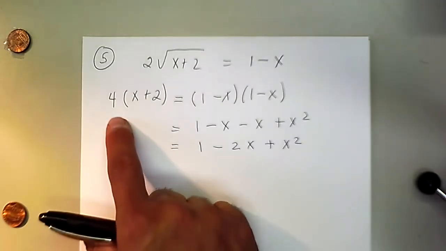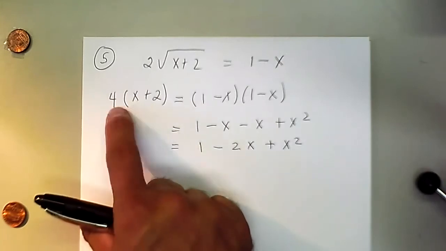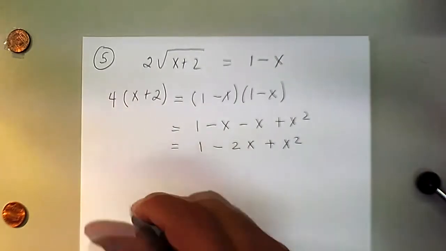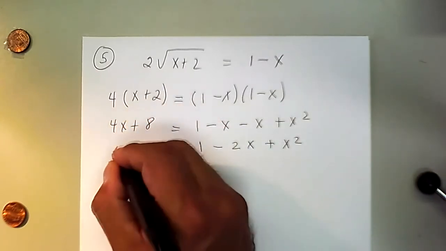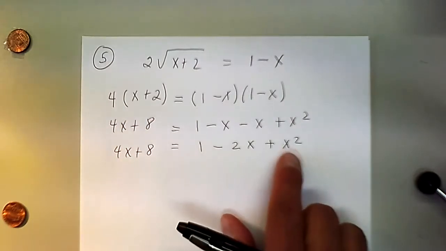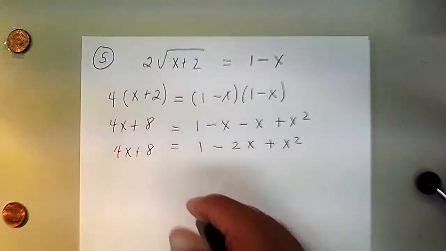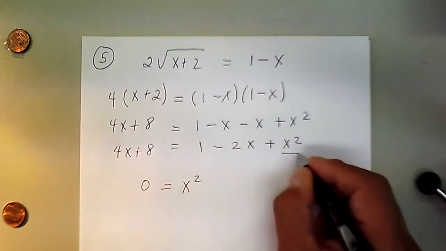Anyway, while we do that on the right side, on the left side, we can distribute. So we have 4x plus 8, 4x plus 8. And now let's move everything to this side of the equation, because that's the one that has a positive x squared. So 0 equals x squared. That takes care of that.